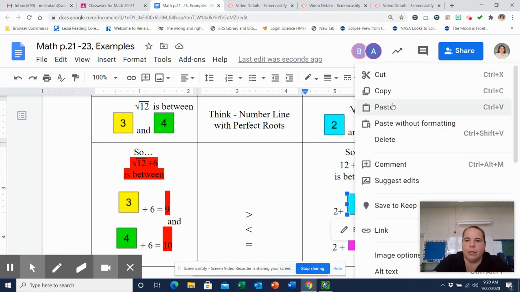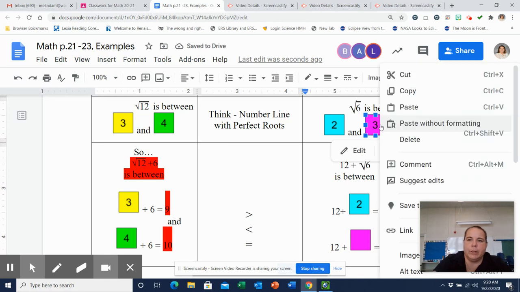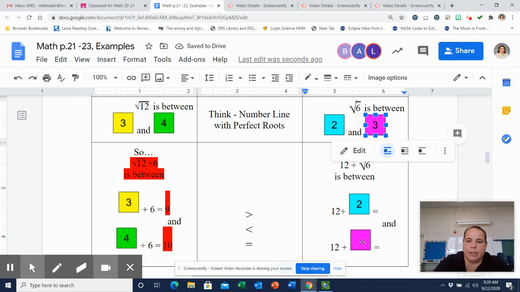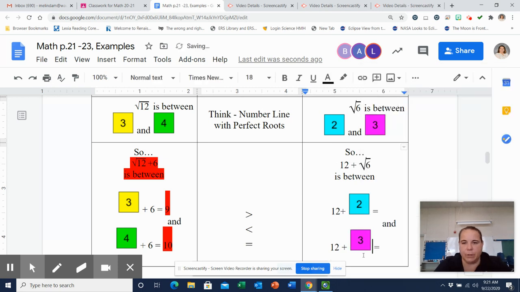Because now we have, oops, Miss Mills, right? The question is, what about 12 plus the square root of 6? Well, the square root of 6 is between 2 and 3. So we're going to use this information to help us make an estimate. And then if that is not enough of an estimate, then we can go from there.